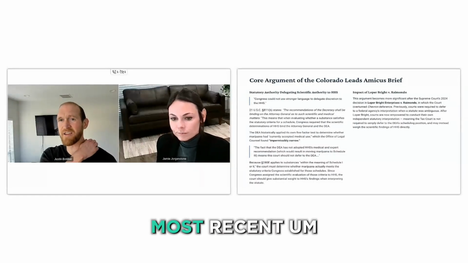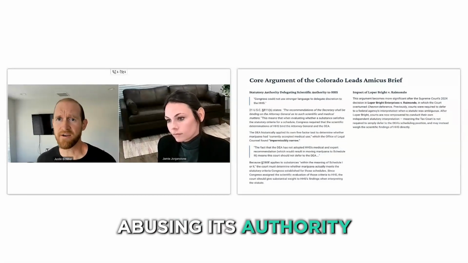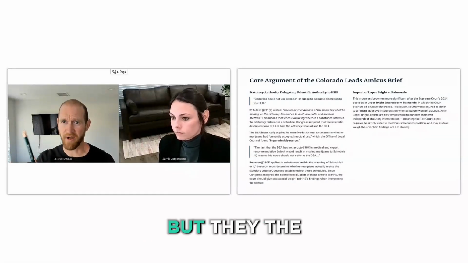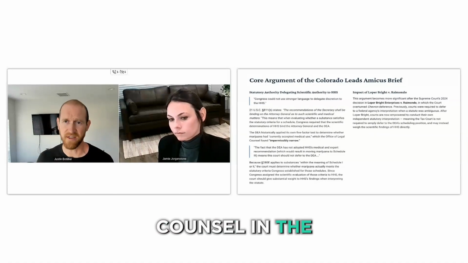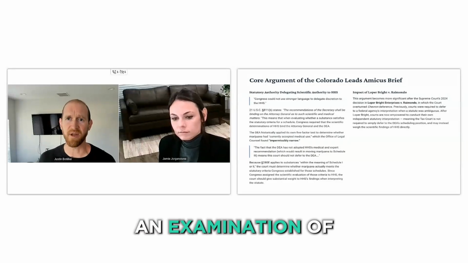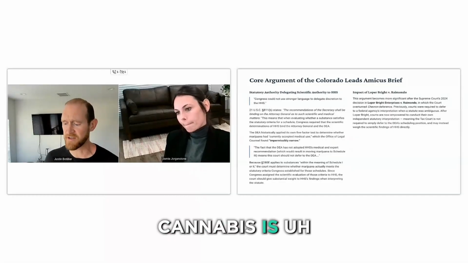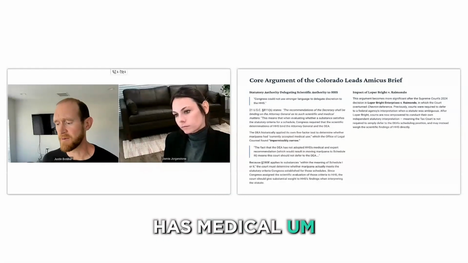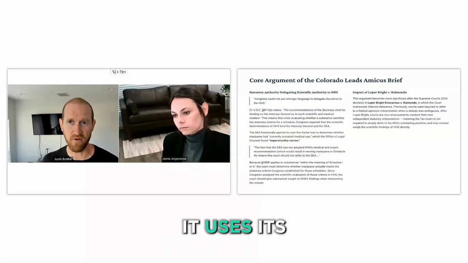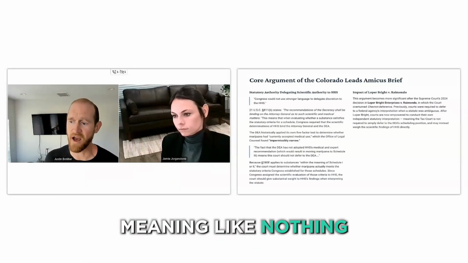I want to point out the most recent example of how the DEA is abusing its authority. The Office of Legal Counsel in the DOJ, which is the authority over the DEA, examined the criteria the DEA uses to decide whether cannabis has medical use, and found that its own 5-factor test is impermissibly narrow, meaning nothing is going to get through.